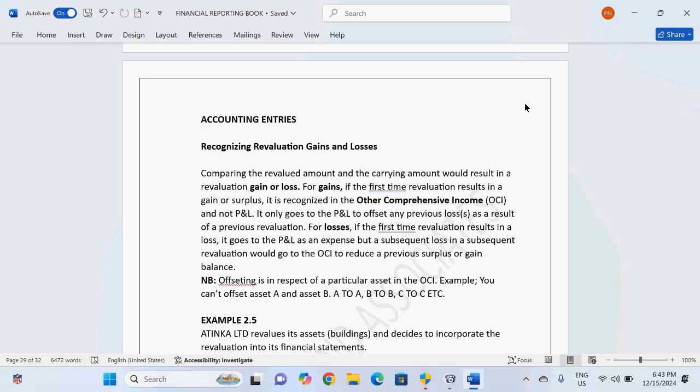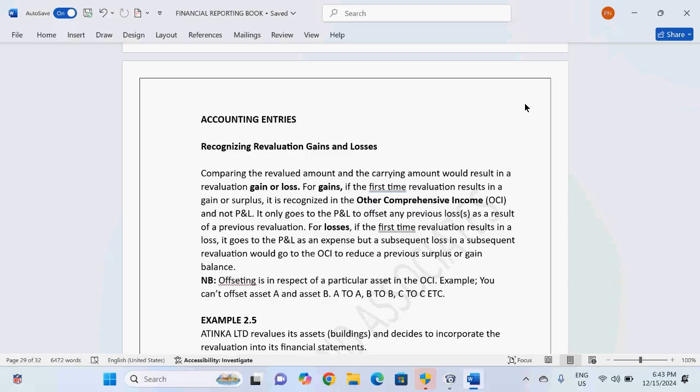Comparing the revalued amount and the carrying amount would result in a revaluation gain or a loss. For gains, what do we do? Let's say you are doing the first-time revaluation, that is the first revaluation that you are doing, and that results in a gain or a surplus. It is recognized in other comprehensive income, OCI.